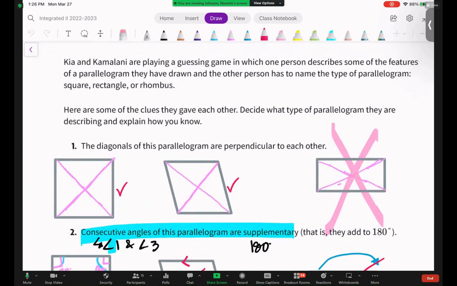Which ones of these, square, rhombus, or rectangle, have diagonals that are perpendicular? Which ones are checked, guys? Yeah, square and rhombus. Very good.